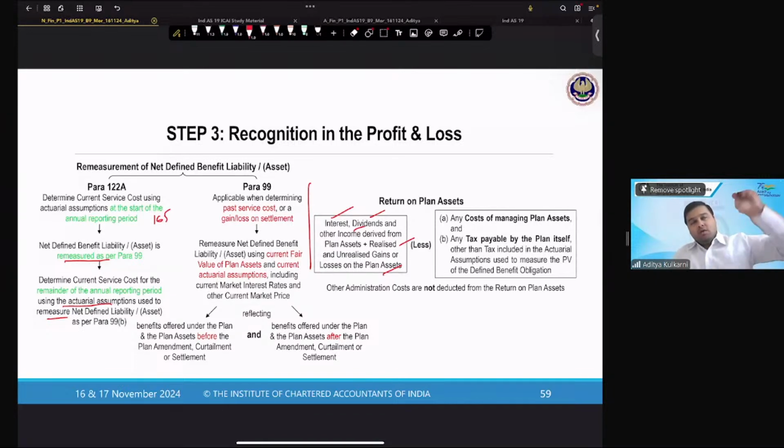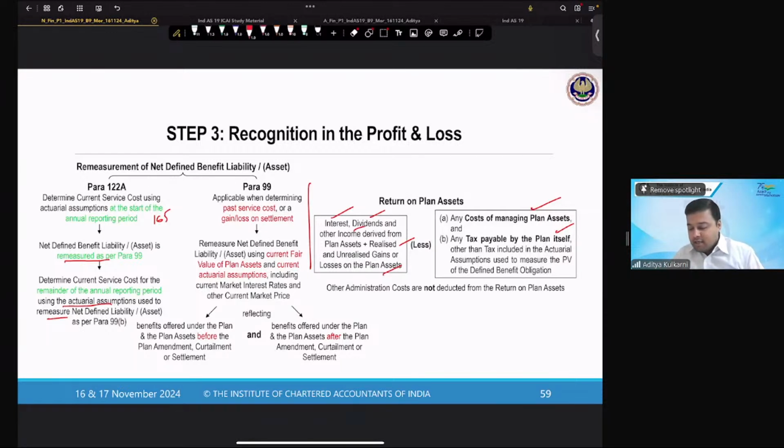Minus, now, when you have put the money there, there will be a cost of managing these assets. What to buy, what to sell, when to sell, how to minimize my taxes on the sale. All of that will come. And any tax payable by the plan itself. So when you put the money in a separate entity, that money is generating income, so the entity holding these investments will be subjected to income tax.